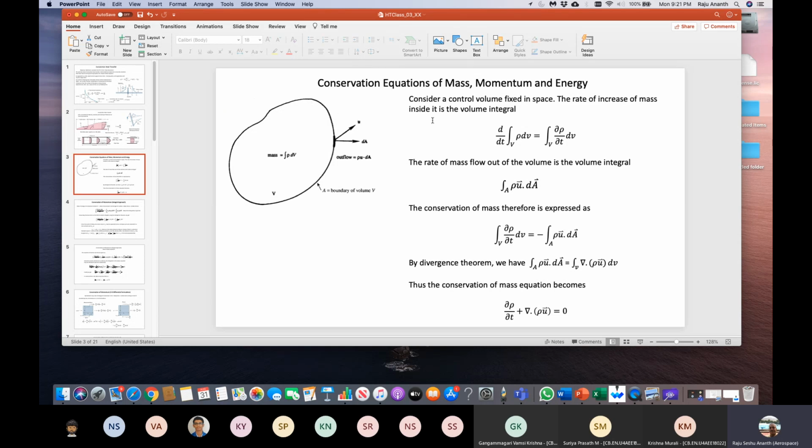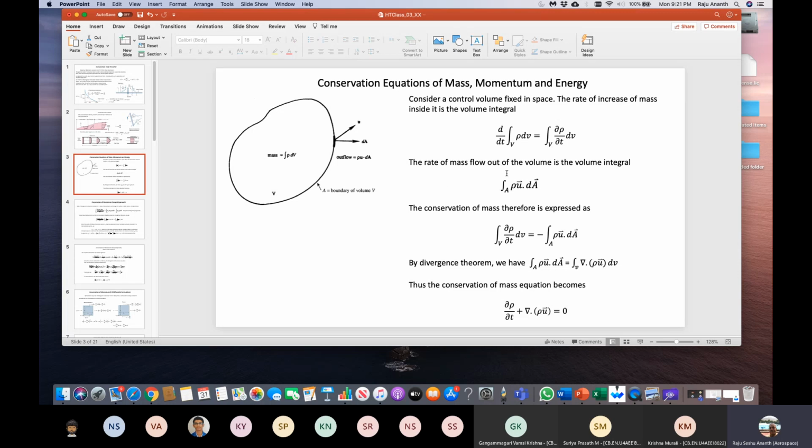So I'm going to put a negative there. What is the rate of change of mass inside? d/dt of the volume integral of rho dV. Rho dV is the mass. Since V is stationary, I can bring the derivative inside. So the integral of partial rho partial t dV is going to be my rate of change of mass inside.